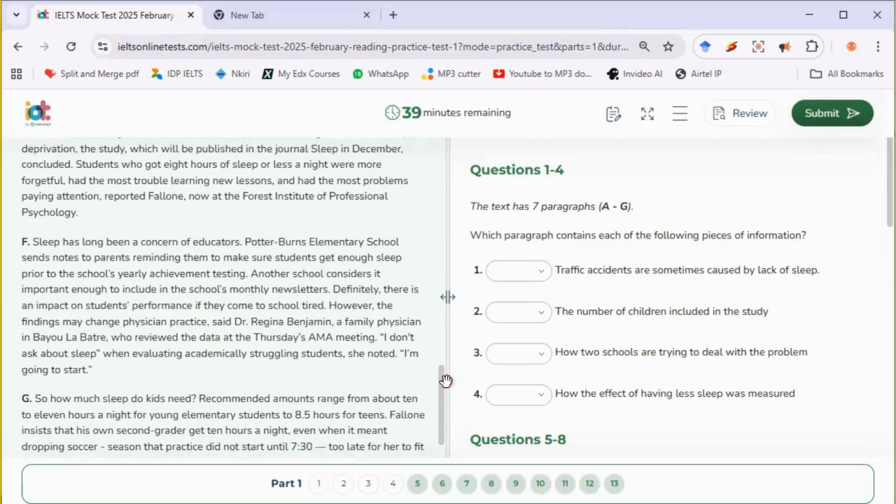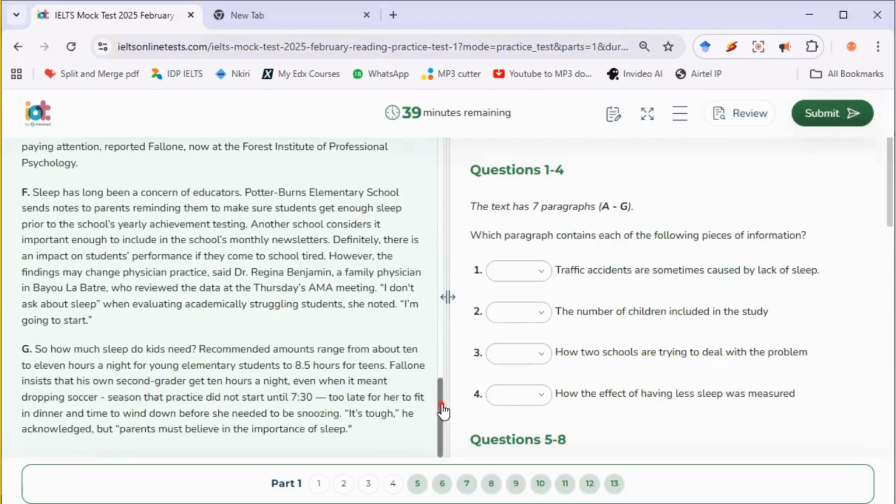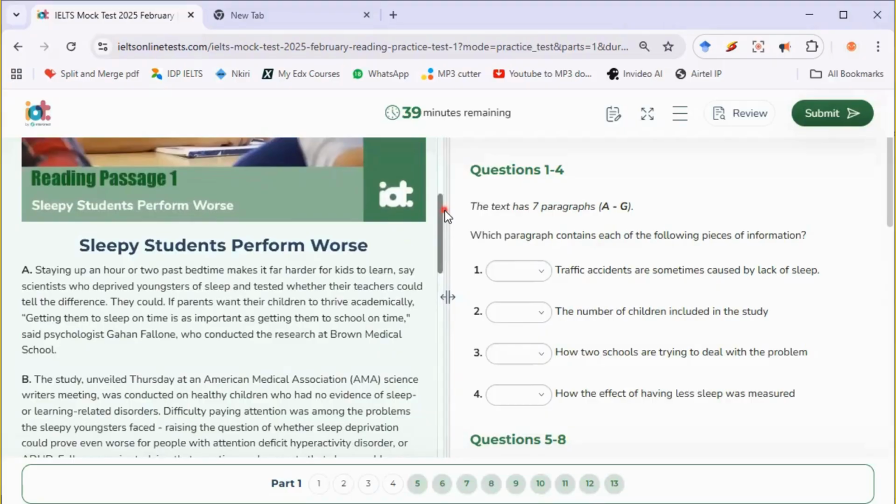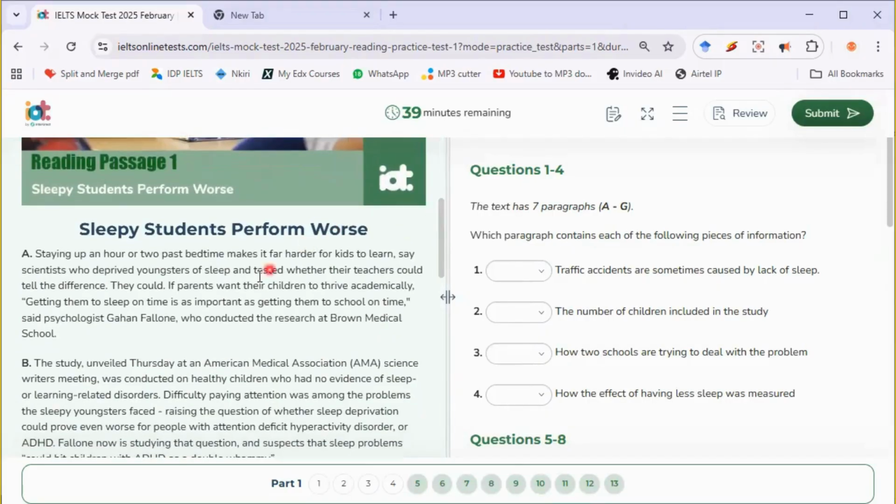I'm scanning through. What I'm doing here is I'm scanning, ladies and gentlemen. I call this thing scanning and skimming. Let me go back to the top. Tell the difference, school on time, psychologist, sleep pattern, they paying attention, sleep deprivation, okay.